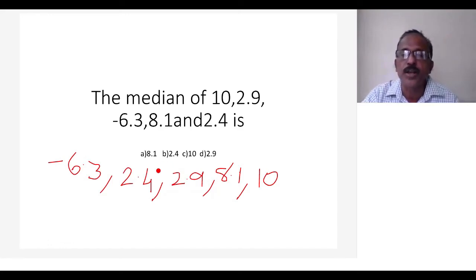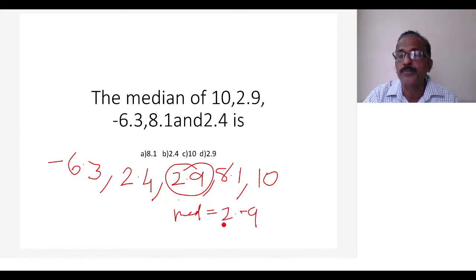This is the arrangement in ascending order of magnitude. Then take the middlemost value, that is 2.9. The middlemost value, this is the value. Therefore, the median is equal to 2.9. This is the answer, 2.9.